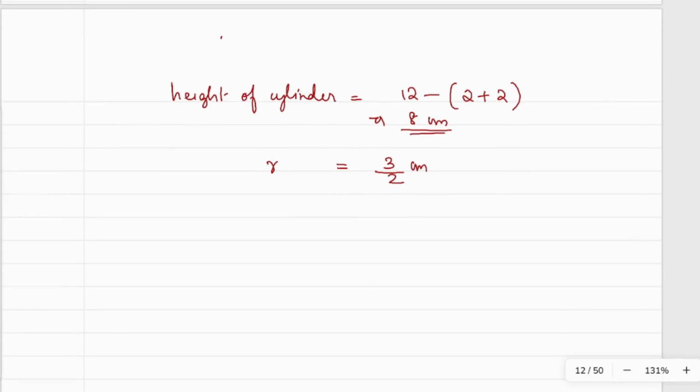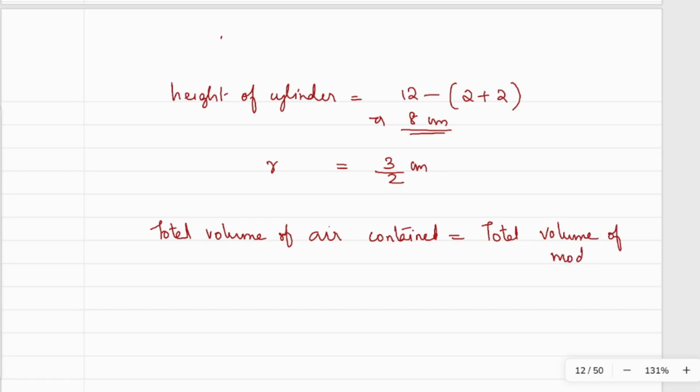Then what we have to find? Now we have to find the total volume, right? Total volume of model. In the question they are asking us to find the total volume of air contained in the model, right? That will be equal to the total volume of model.